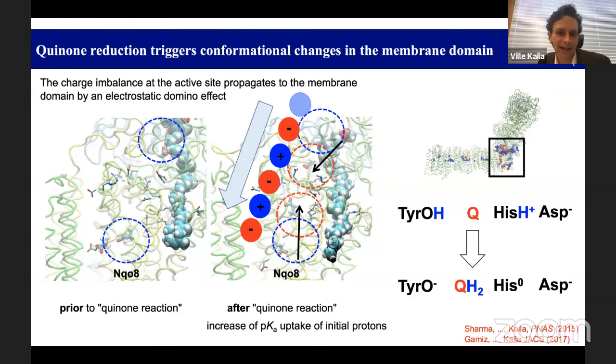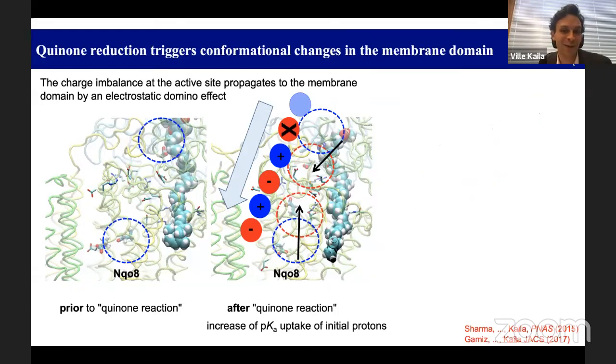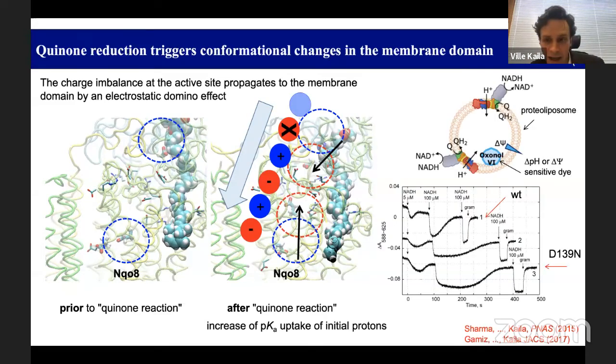So how could we test whether this is relevant for the real system? One idea is, of course, that you can kill some of these charged residues and do a mutagenesis experiment experimentally. And this is what we did. We reconstituted the complex I in proteoliposomes, gave electrons with NADH.